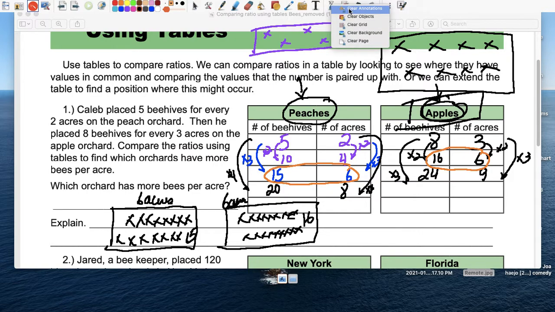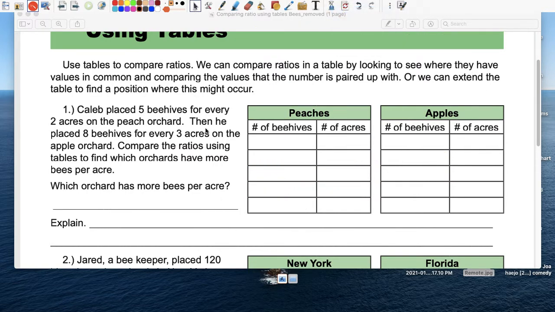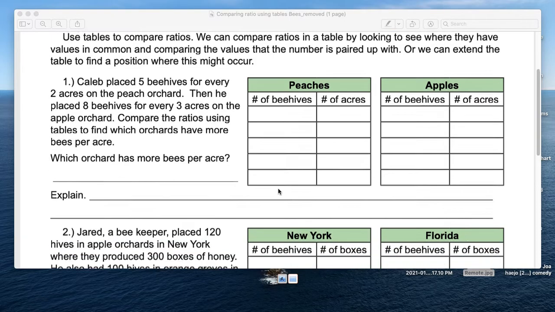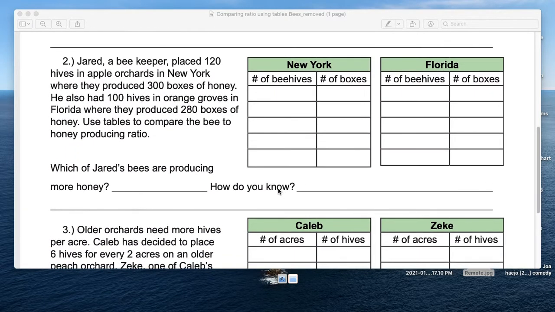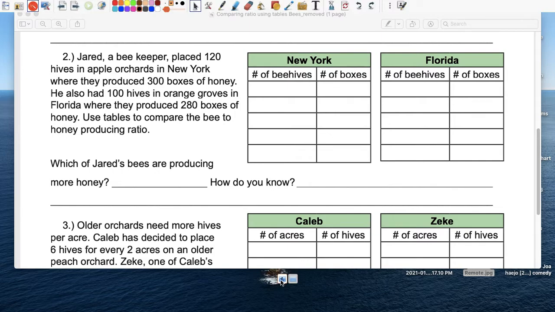Okay. So again, it's the same thing as the previous sheet that we did. Another beekeeper placed 120 hives in apple orchards. They produced 300 boxes of honey.